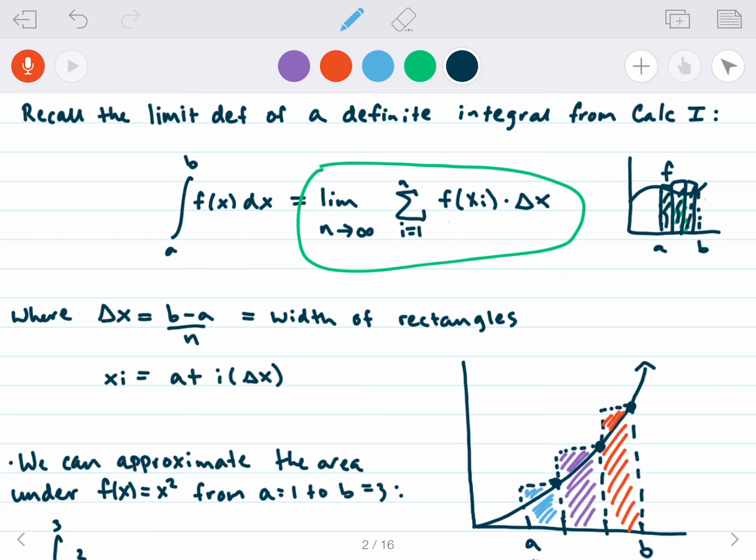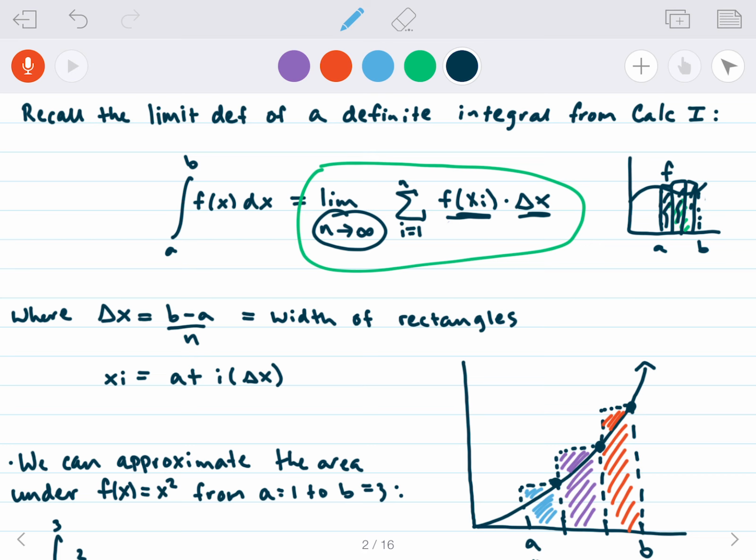Right now, the approximation's not great because when I add up all of the areas of these rectangles, you're going to get a bunch of area up here that's not relevant to the area under the curve. So the idea here is we're going to let the number of rectangles go to infinity, and delta x is going to be the width of these rectangles, and f of xi is going to be the height of each rectangle.